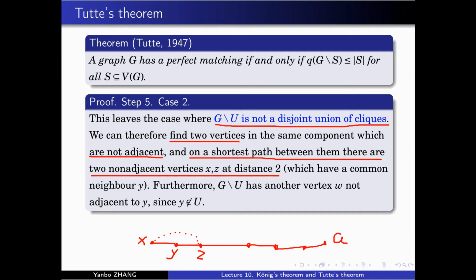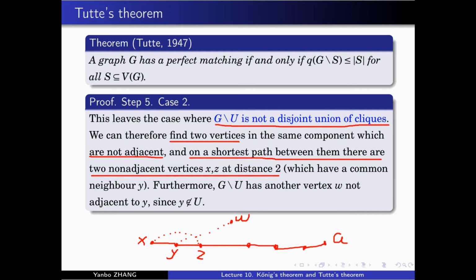Furthermore, G minus U has another vertex W, which is not adjacent to Y. We can find another vertex W, which is not adjacent to Y. Why does such a W exist? Because by the definition of U, U is a set of vertices that are connected to all other vertices.